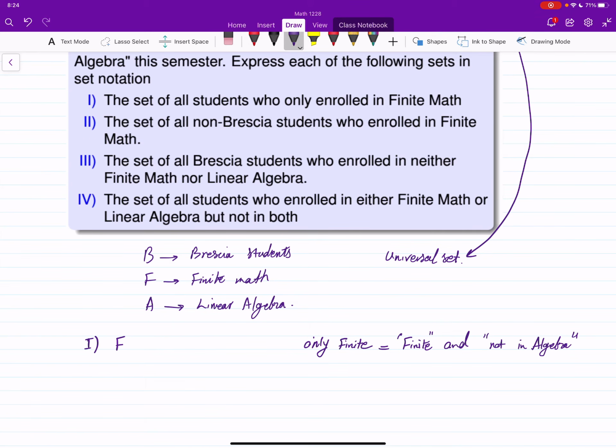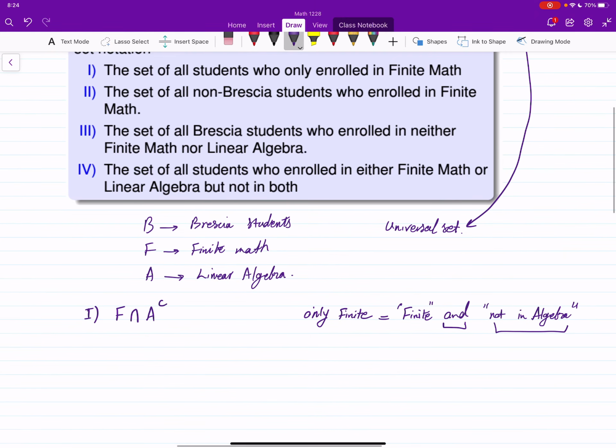If you look at the wording, only finite math means taking finite math and not taking algebra, yes? So finite math is F, and here "and" means find the intersection. Not in algebra, that is a complement. So when someone says only students who are enrolled in only finite math, that means F intersection A complement.